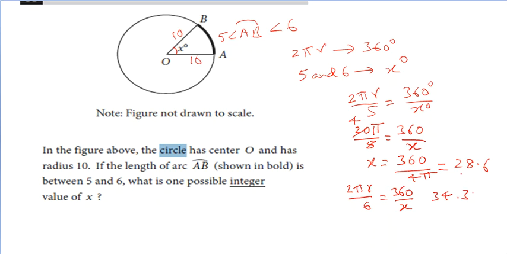So the answer we are interested in is greater than 28.6, an integer value, and it's less than 34.3. So any answer that is 29, 30, 31, 32, 33 and 34 will be a valid answer.